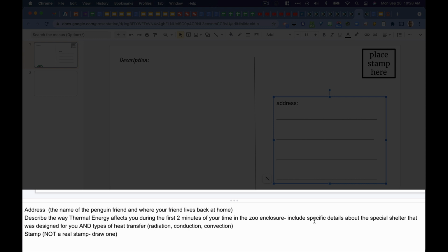Include specific details about the shelter that was designed for you and the types of heat transfer. So the specific shelter that you made and tested, and the type of heat transfer, well, it's not going to be convection. No convection. So again, radiation: where's the radiation coming from?